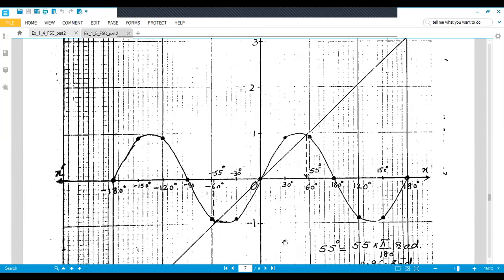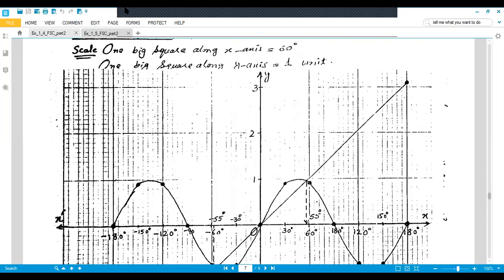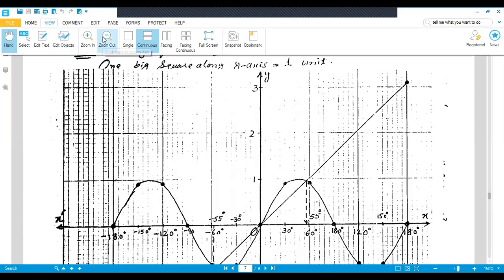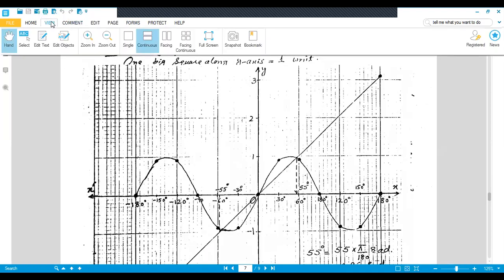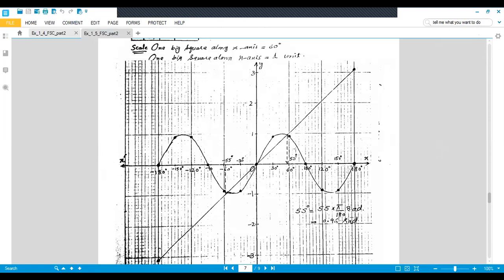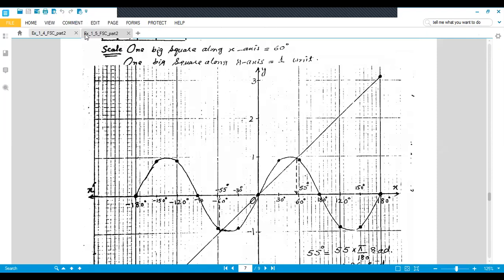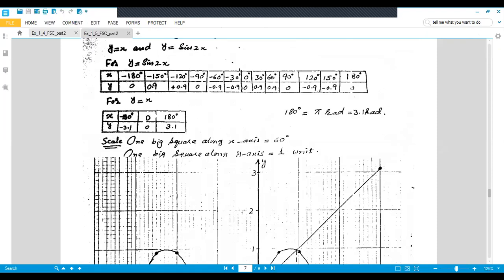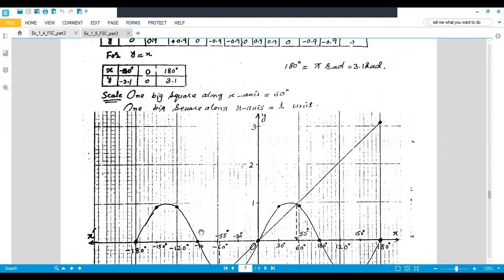Now you have to draw the graph. On the x-axis, starting from minus 180, you will take 5 small boxes equal to 30 degrees, or 10 small boxes equal to 60 degrees, and along the y-axis, 10 small boxes equal to 1 unit.